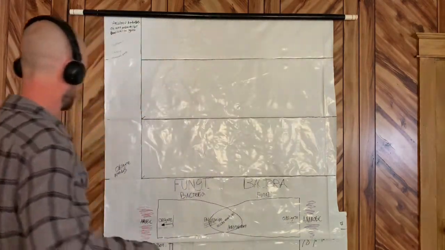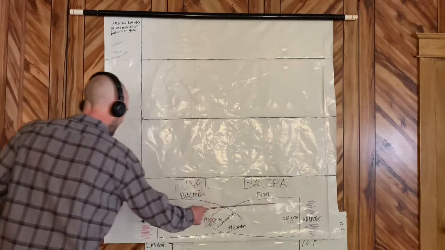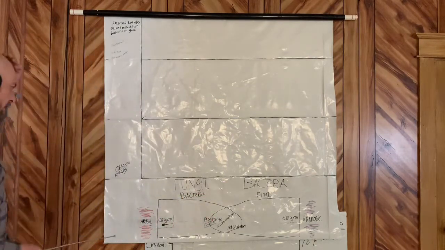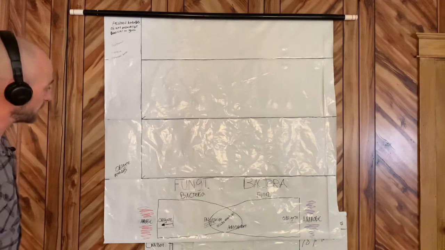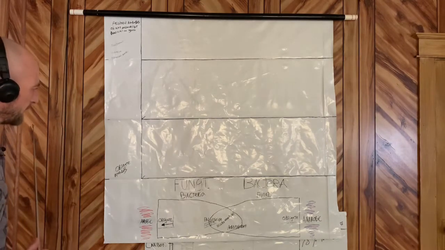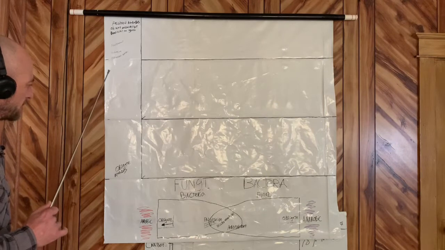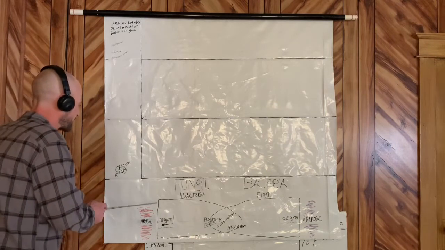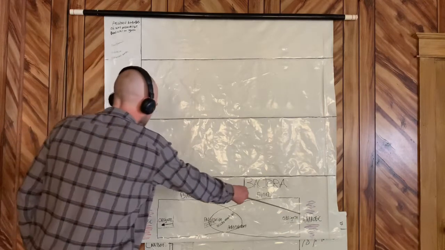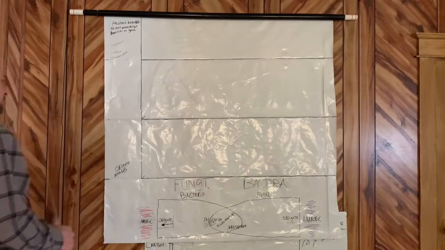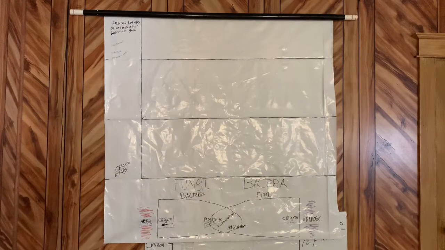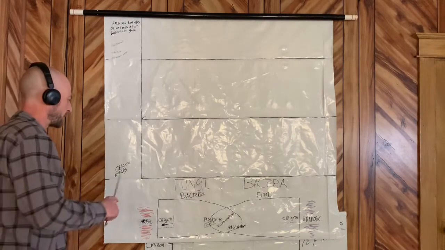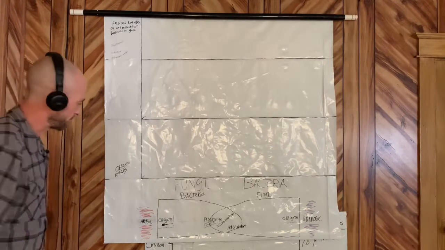Okay, so over here we have a little chart I made, and I don't know how well you all can see it or how well it'll pick up. But what we have is a column laying on its side. The only reason I have it laying on its side is it's easier for me to write on it this way.